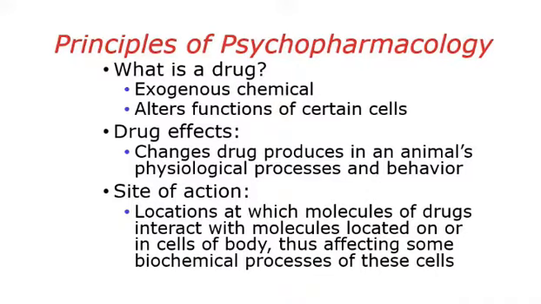So we just have to keep those different drug effects in mind. And when we talk about a site of action, we're talking about the locations at which molecules of drugs interact with molecules located on or in cells of the body, and thereby affecting the biochemical processes of those particular cells.